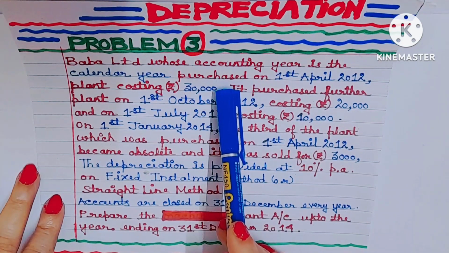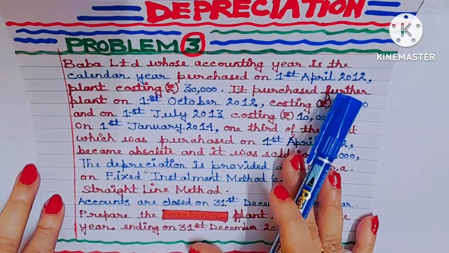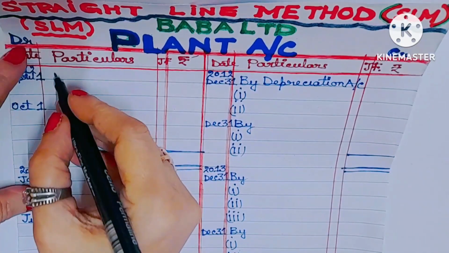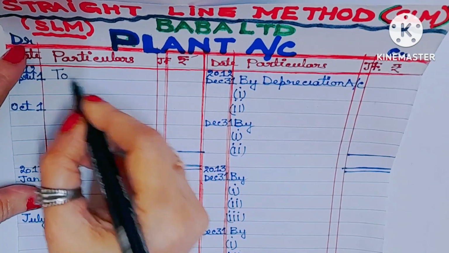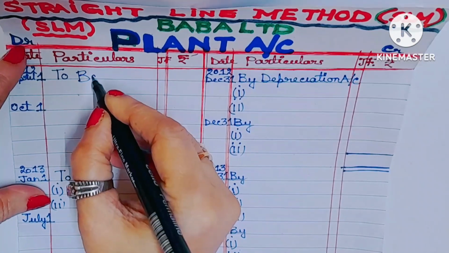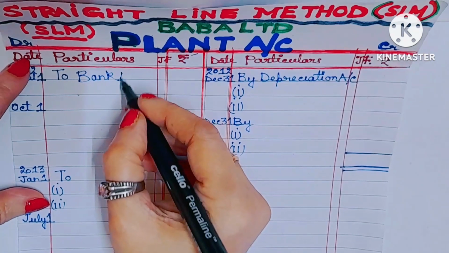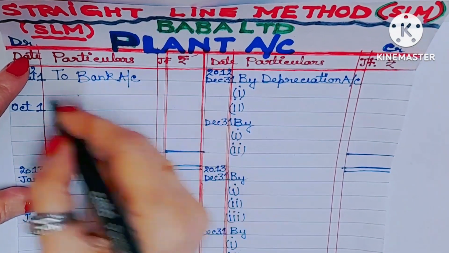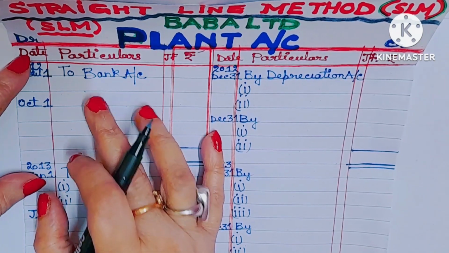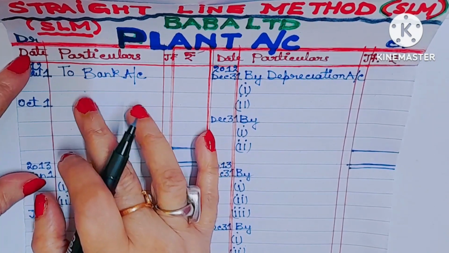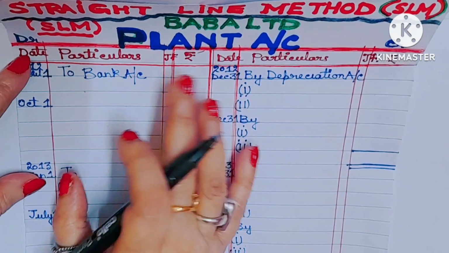Let's start doing the problem for the first plant. Okay. We'll do it step by step. So we'll write to bank account. Whenever we purchase an asset, we write the purchase on the debit side, against the bank account. Please remember, whenever we are going to purchase any asset, we are going to write on the debit side of the asset account.